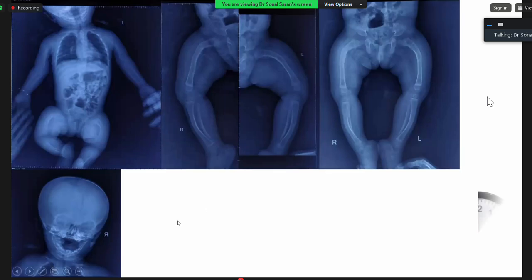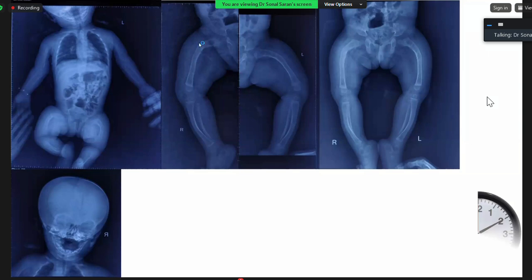So we can see a kind of skeletal survey of a child, a neonate. What do you think it can be? Okay, so we have some answers over here.